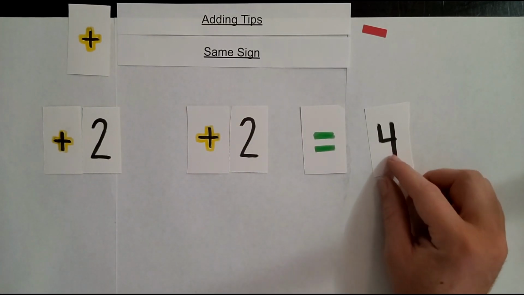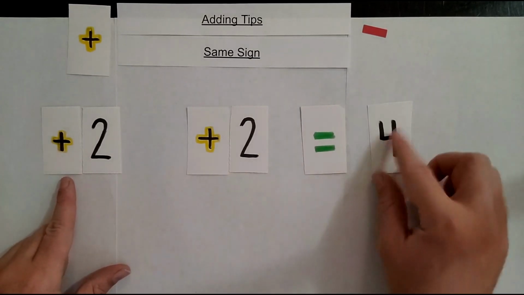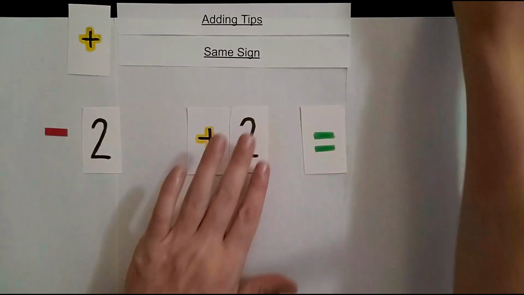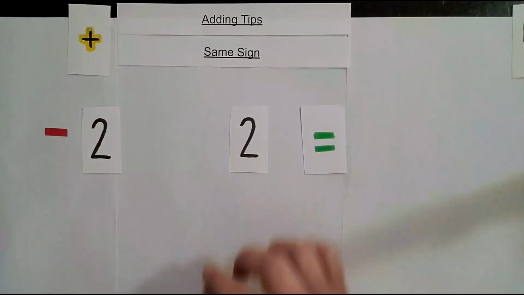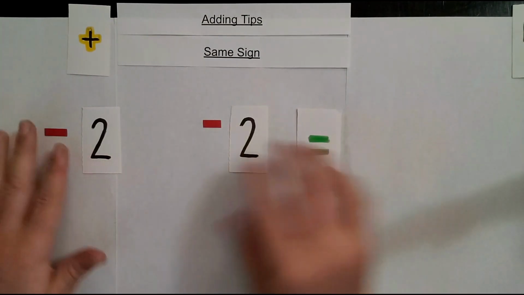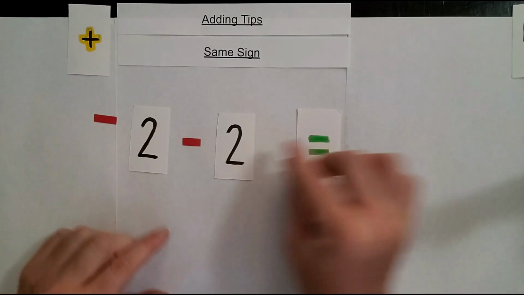But we actually do something similar if these two numbers have the same sign, but that sign is negative. So let's swap out these plus signs, and we're going to look at some negative signs. So we're going to look at negative 2 minus 2.